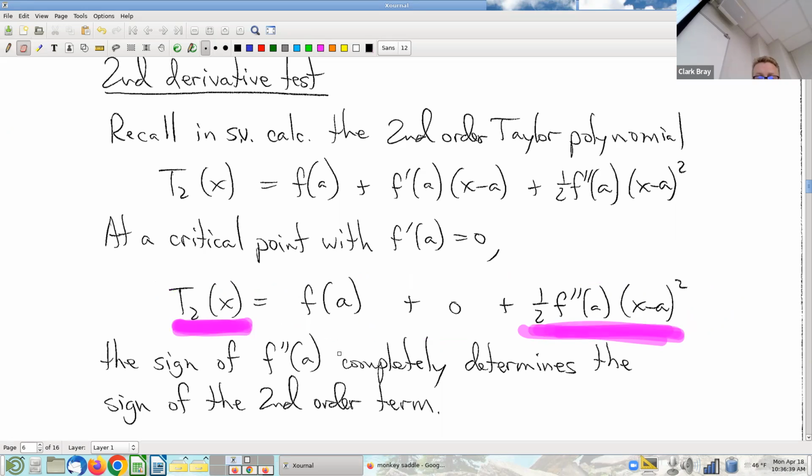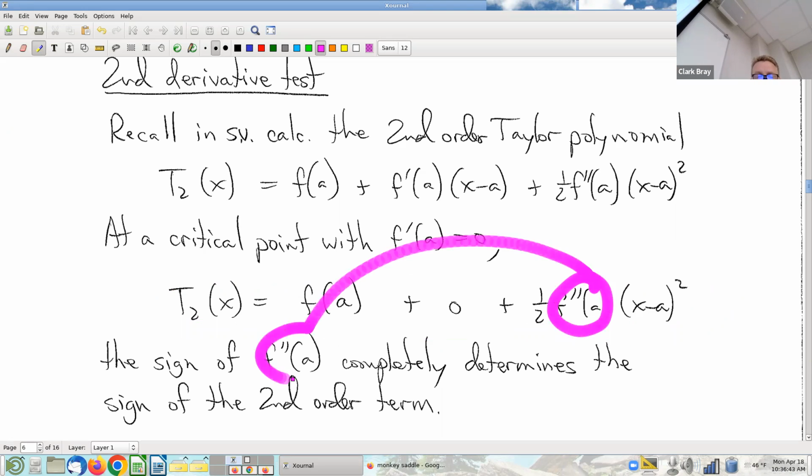Let's suppose, for example, that we know that f double prime of a is positive. Well, then that's positive, that's positive, and a square is certainly never negative. So what you've got there is an upward oriented parabola. That tells me that this critical point, being at the vertex of this upward oriented parabola, is a minimum.